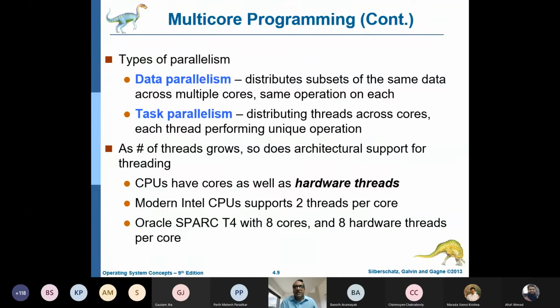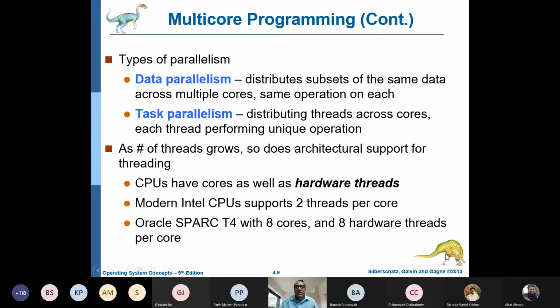Suppose the CPU is executing a memory instruction, it has to load the data from main memory. It takes some time, some 100 nanoseconds or so. In the meantime, because a memory operation is going on, the CPU will be idle. Then you can schedule the CPU with some other thread.